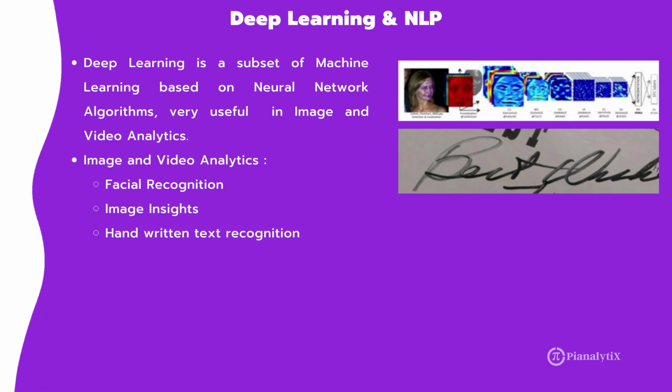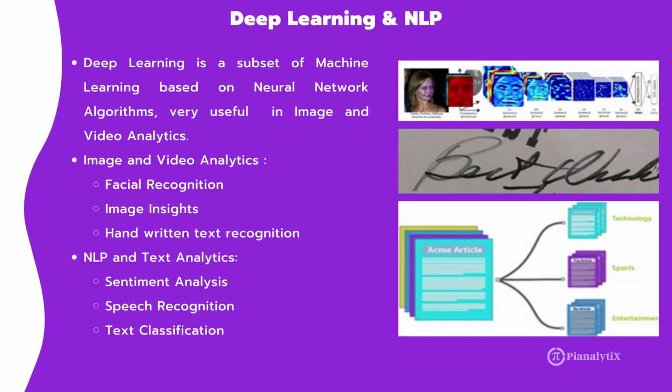In our previous slide, we discussed handwritten to text conversion. Using deep learning, we can develop a model which can convert handwritten text to digital text, that is handwritten text recognition.